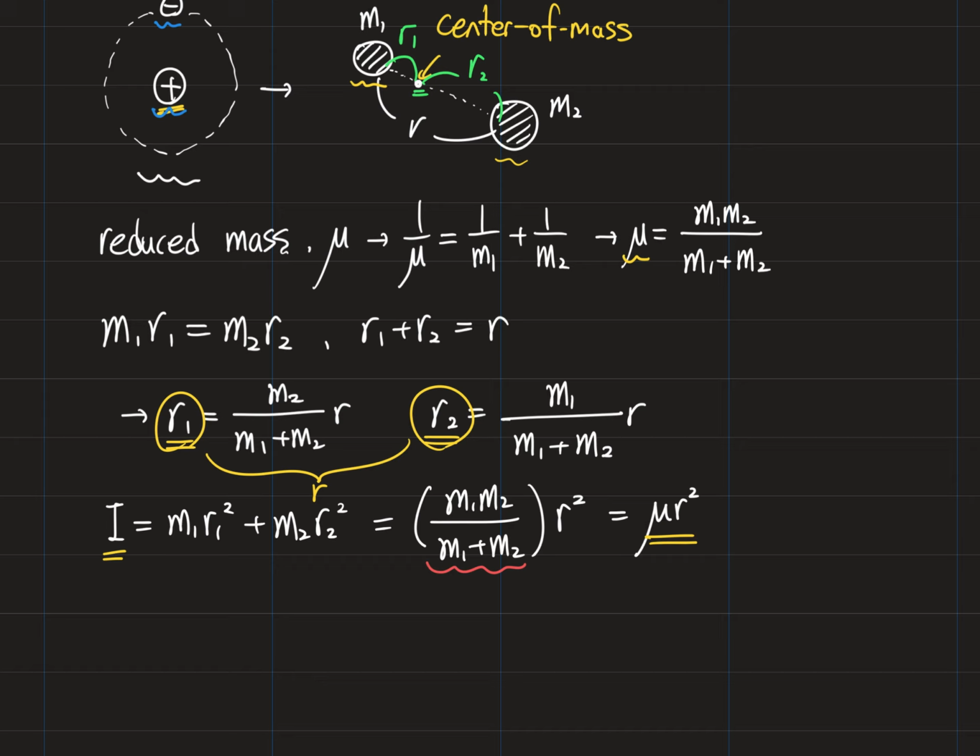But now the mass is changed, right? m1 and m2 are combined to give a single body with mass mu.